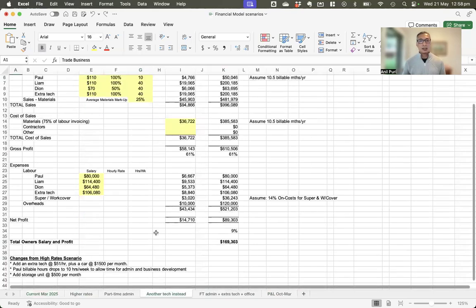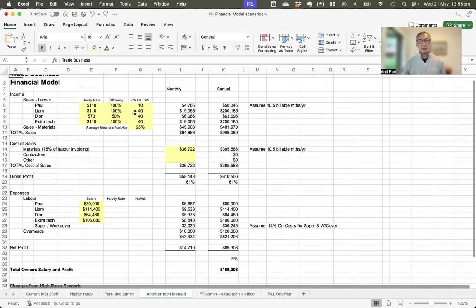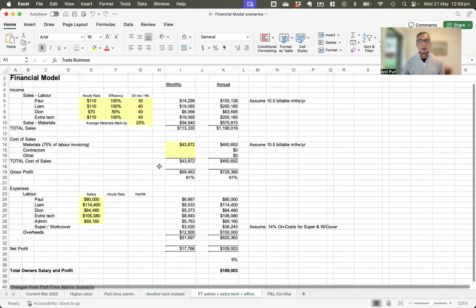If he gets another tech, I've said the team will grow, and without hiring an admin person, I've assumed that his billable hours will drop to 10 because he'll have to do more job management, which is not billable. But if he then hires someone, it'll go back up to 30, for example. So these are the sorts of things. It's about understanding what the impact of different decisions might be and making sure that you've captured those assumptions properly.